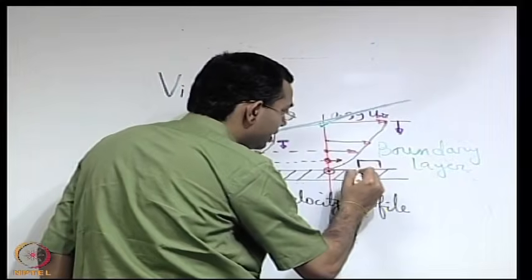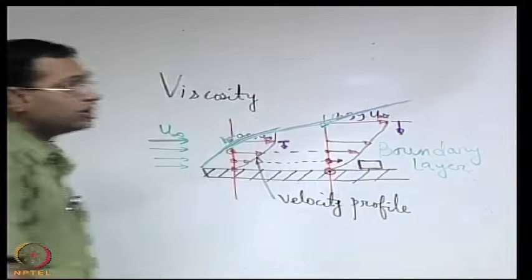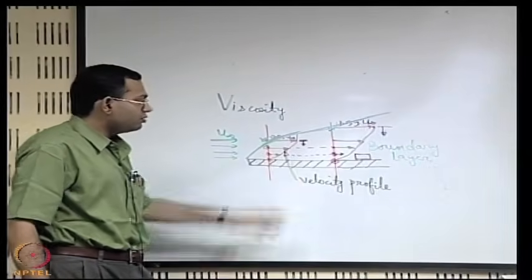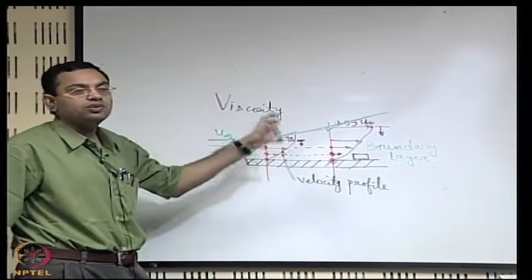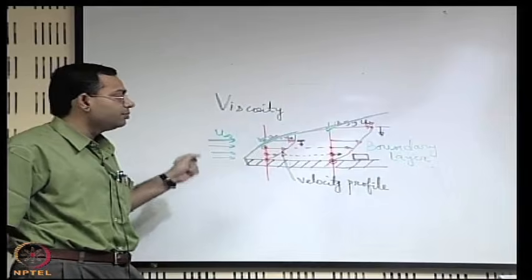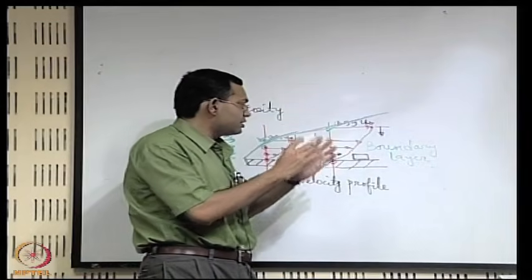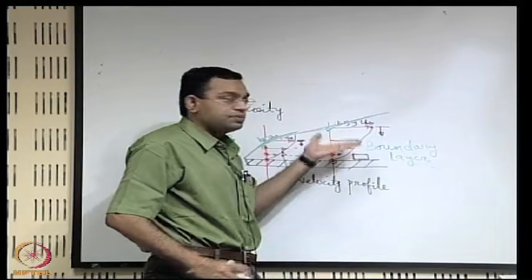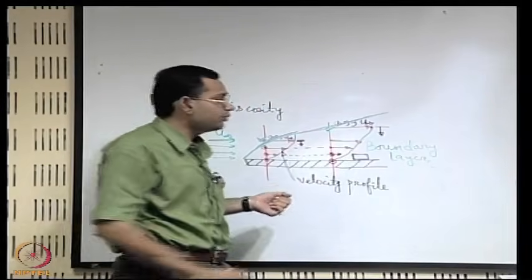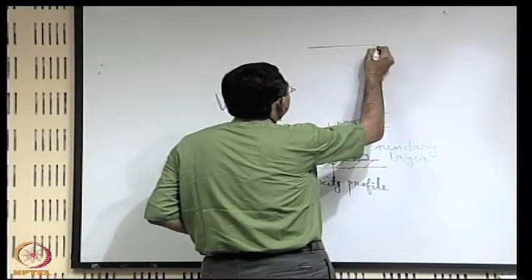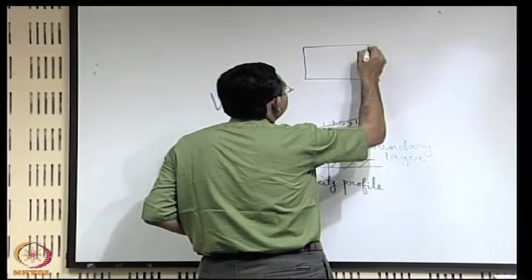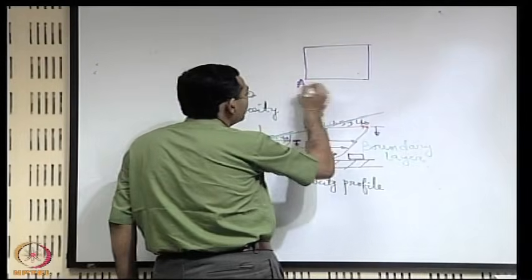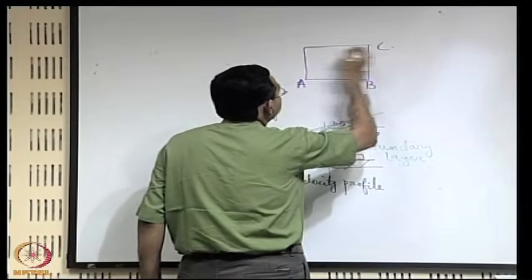This fluid element was originally rectangular. Now, let us see what happens to the geometrical characteristics of the fluid element if it is subjected to viscous effects. To understand it, let us zoom its picture. Originally, let us say that the name of this fluid element is ABCD.